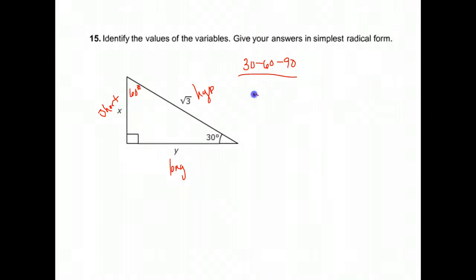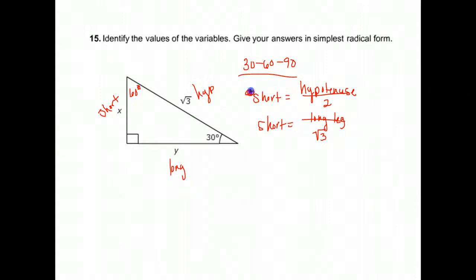If you have the hypotenuse, it's the hypotenuse divided by 2. If you have the long leg, it's the long leg divided by the square root of 3.